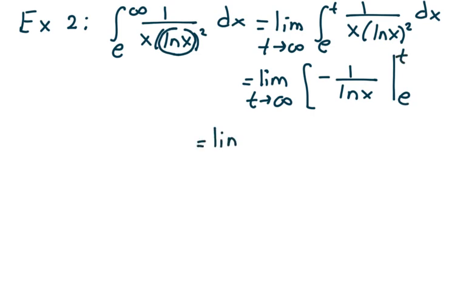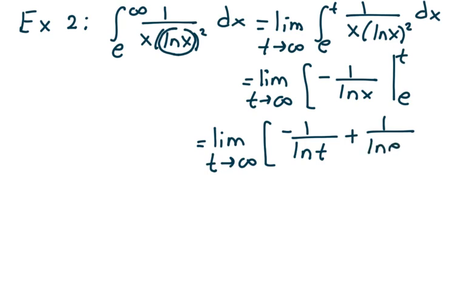So this is the limit as t goes to infinity of negative 1 over natural log of t plus 1 over natural log of e. But remember that the natural log of e is 1, right?